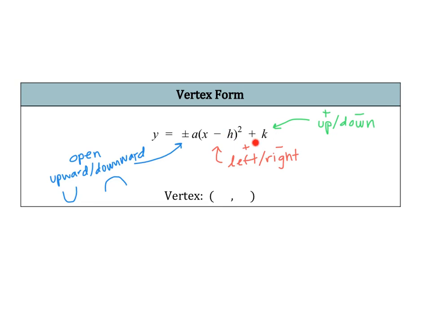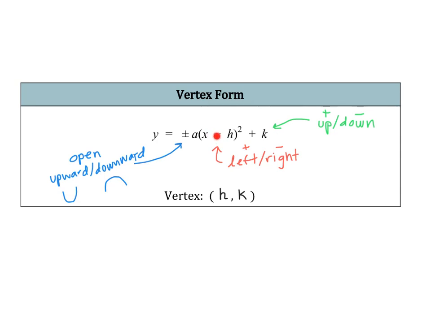So since these numbers tell you how much to move left, right, and up or down, this is going to help us determine where the vertex of our graph is, and our vertex is always going to be at (h, k). Notice, again, this value is always going to be opposite of what you see.